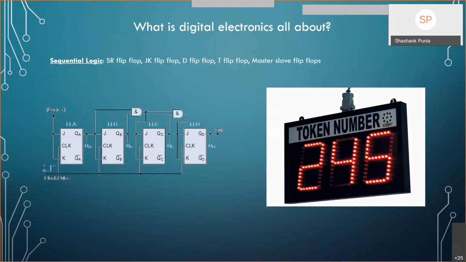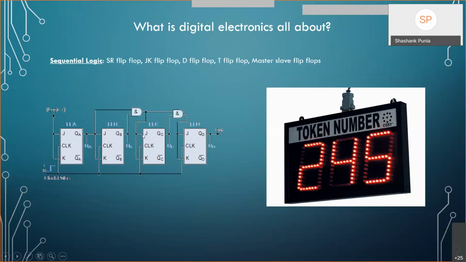And coming to this, I'm sure a lot of us know this is a VTU short question which is going to come: explain JK flip-flop, D flip-flop, T flip-flop, one of these for sure. And these are the diagrams, and we always used to be like, okay, where are J and K connected and where's the AND gate?